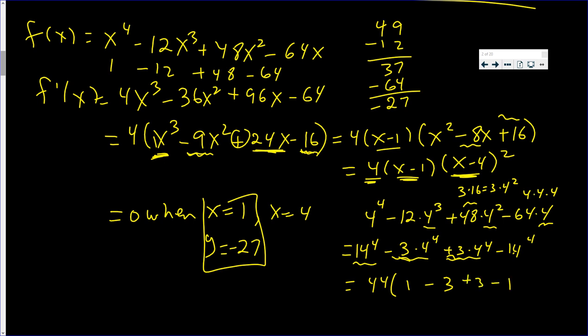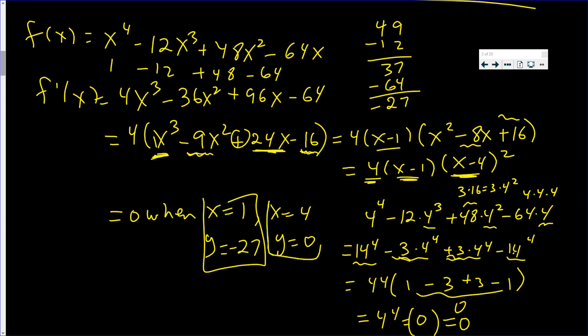And now, at the end, I'm taking away 1. That's 0. Notice, please, I never even found out what 4 to the 4th is. 4 to the 4th times 0 is 0. Okay, so when x is 4, y is 0. That's another point. Okay, this here was side work.